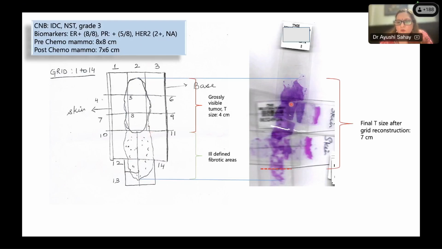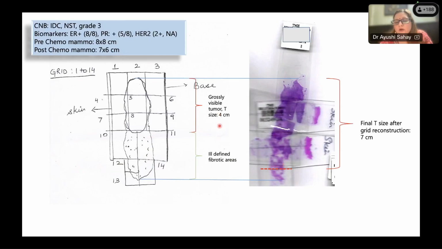What I saw was that what she thought was 4 centimeter, you can make out this blue area here, definitely this was the grossly viable tumor which we were expecting. This is biomarker positive. So not only was the grossly viable tumor seen as it was seen in the gross, but also in what she thought were ill-defined fibrotic areas, we could make out foci of tumor extending right up to here.